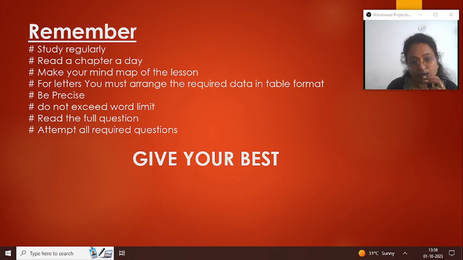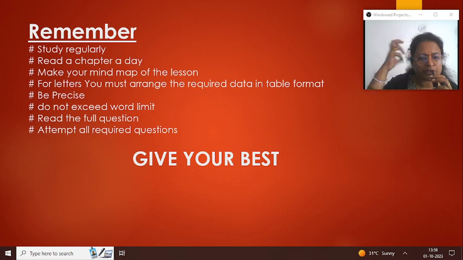Everything on your own, what is your interpretation, not mine. Whatever my interpretation I tell you, but what is your interpretation you should be able to write down. Once you do that and read it again and again, it will be fixed and you will be able to remember it during the examination. So start preparing your mind map for each lesson.